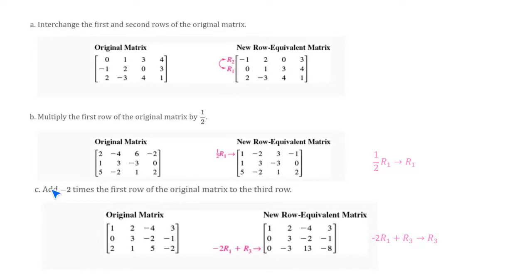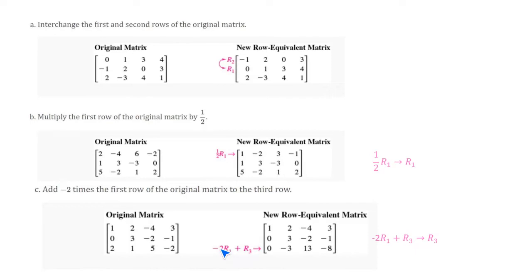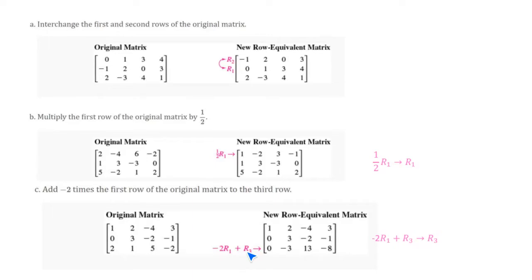Now the third one is that you can multiply a number to any row, and then you can add it to another row. So here what we're going to do is multiply -2 times the first row, and then add it to row 3. And whatever answer you get, we're going to put it back in row number 3.